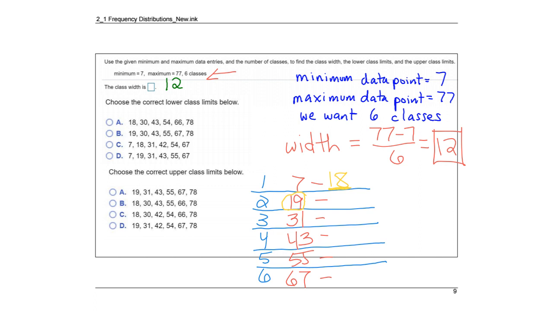Hopefully that makes sense, but we'll look at some more. Okay, and now I can start doing the same thing. I can add 12 every time, right? I'm adding the class width. So if I add 12, I get 30, add 12 more, and keep going.